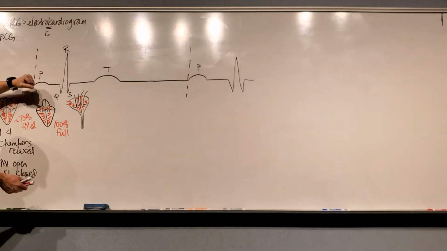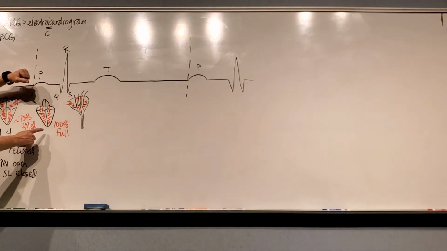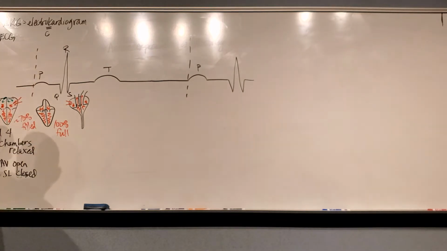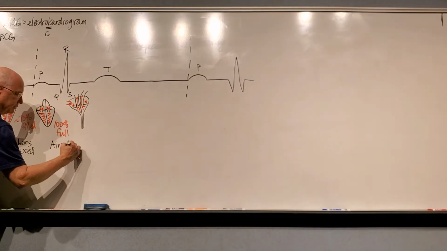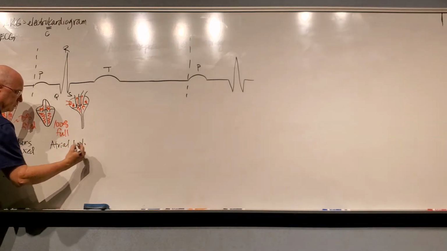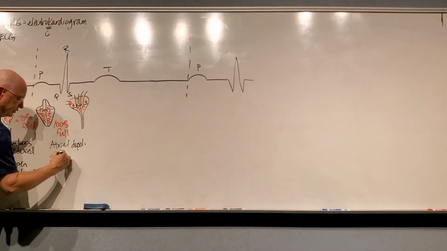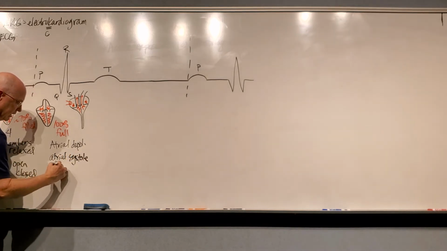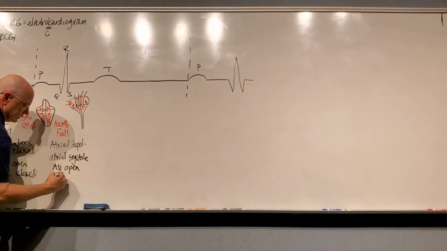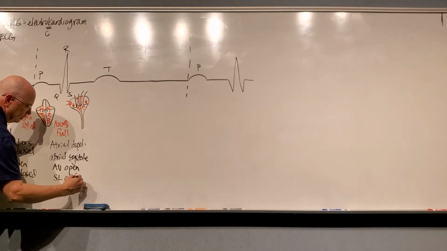The atria contract during the P wave, during atrial depolarization. So when I get to the P wave, what I have is atrial depolarization and atrial systole. The AV valves are open, the semilunar valves are still closed.